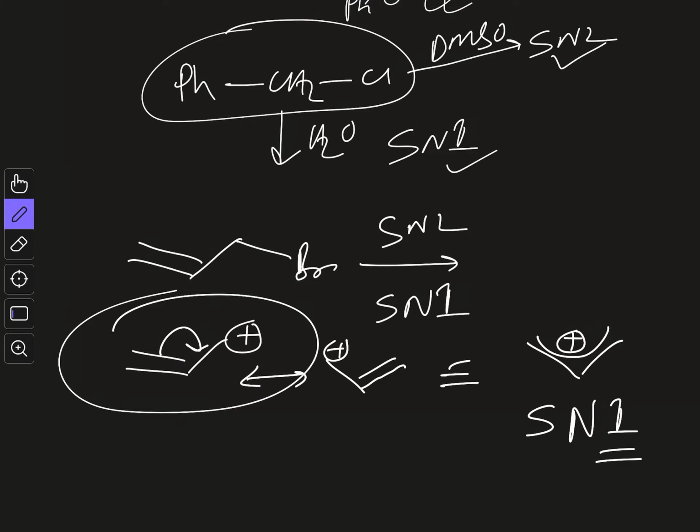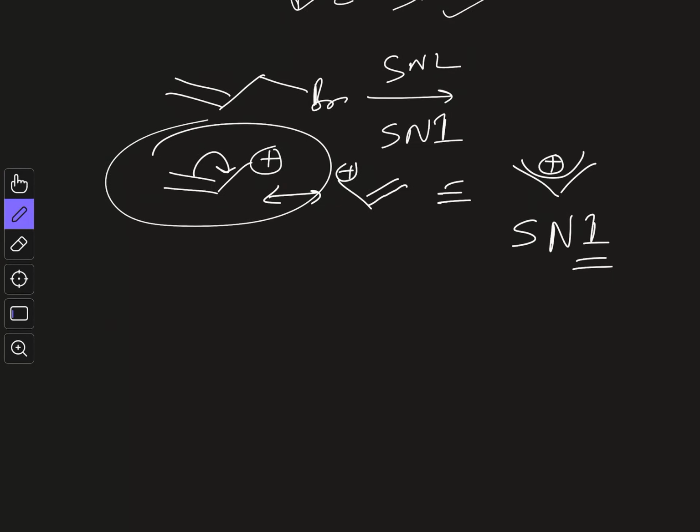So we know why these substrates, this allyl and this benzylic substrate, give a higher rate for SN1 reaction. Now the question is why they give a high rate for SN2 reaction. In the case of SN2 reaction, you have to again look into the orbital interaction. So you can see this particular substrate, if we consider, it has a p orbital over here, and you have this bromine over here.